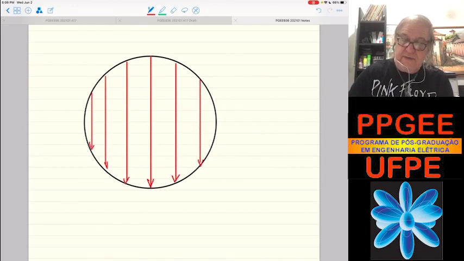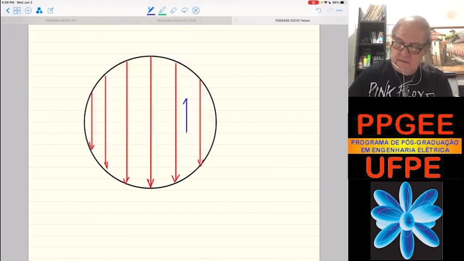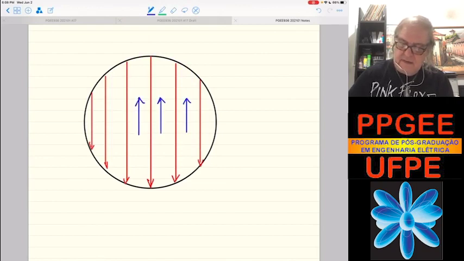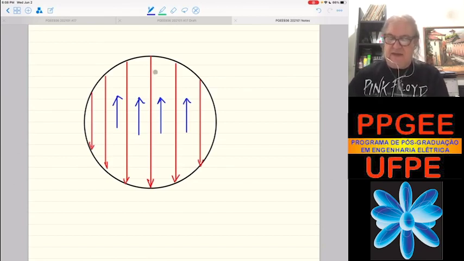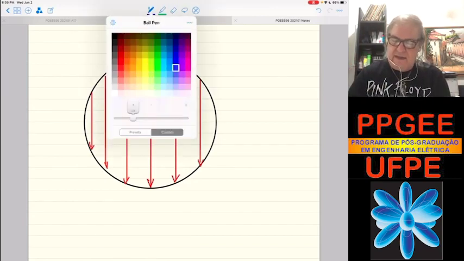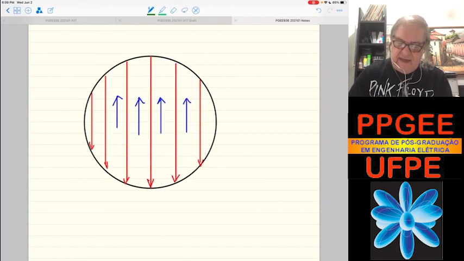Magnetization is up. Magnetization like this. Constant. H field is downwards. And the B field, where does it point? Well, the B field is up, right? So it's something like this. B field is like this.